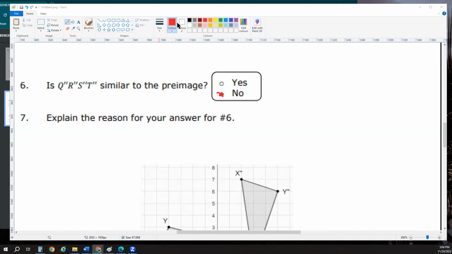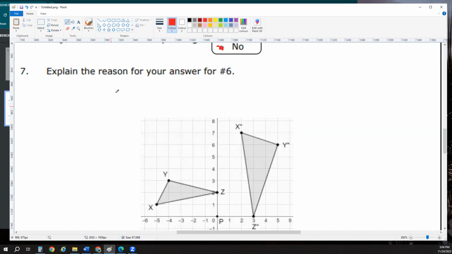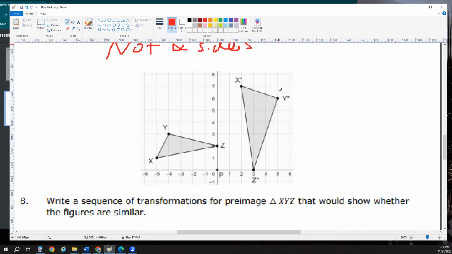Okay. The sides are not proportional. That's what the answer says. Not proportional sides. That's what this said. Okay, so here we go. Write a sequence of transformations above, and let's see what they have to say here.